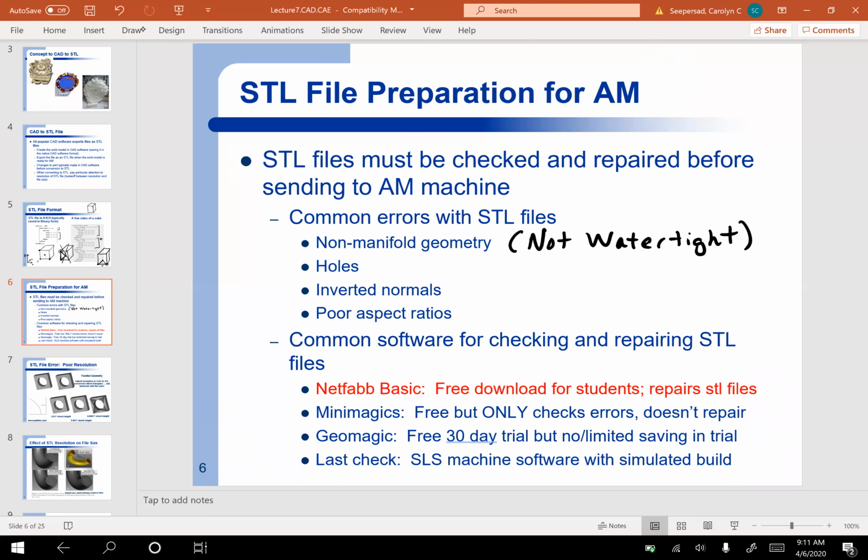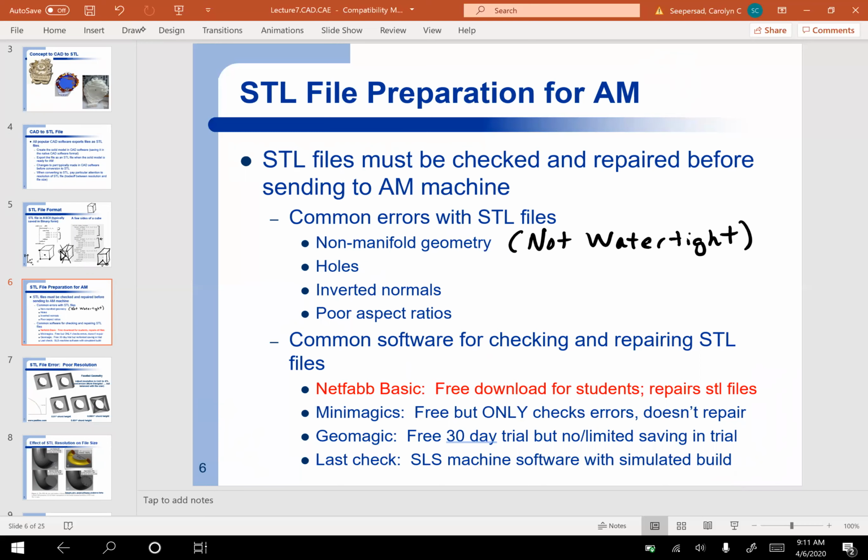Okay, so it means it has holes in it or something else about the geometry is not right. And so then if it's not watertight, there's no clear definition of what should be solid or inside the part and what should be outside the part, not solid. It can also have some other errors, which we'll talk about in a little bit.